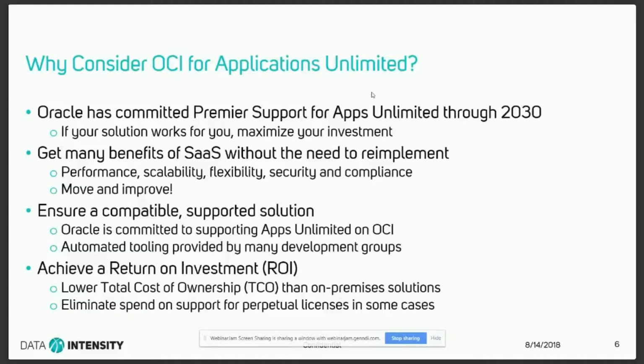The last thing for customers to understand is it is possible to achieve a return on investment for a project like this. Typically, we see a total cost of ownership that's significantly lower than on-premises solutions, anywhere from 30 to 50% lower, in fact.